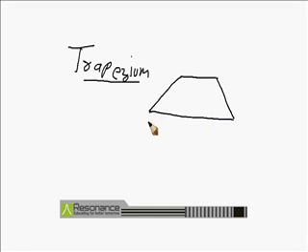It is a trapezium ABCD in which the sides AB and CD are parallel, and the two non-parallel sides are AD and BC.